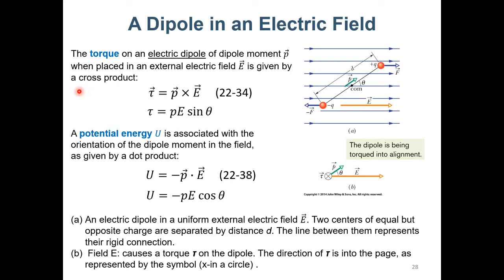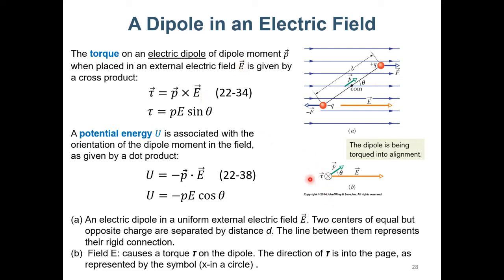When you only consider the magnitude, it is the magnitude of P multiplied by the magnitude of E times sine theta, where theta is the angle between P and E. For the cross product, you should use the right-hand rule. So the direction of P cross E is into the page.